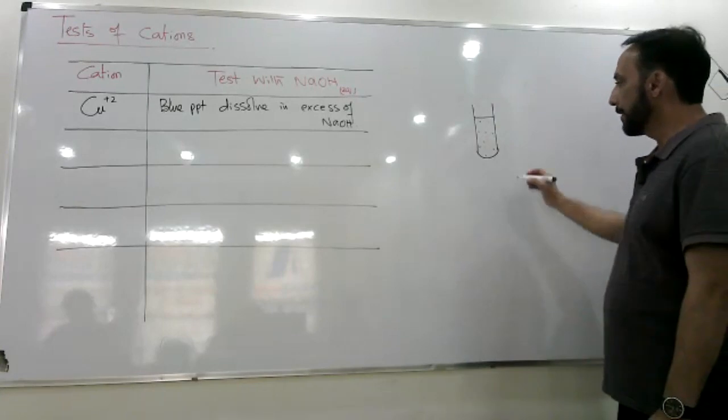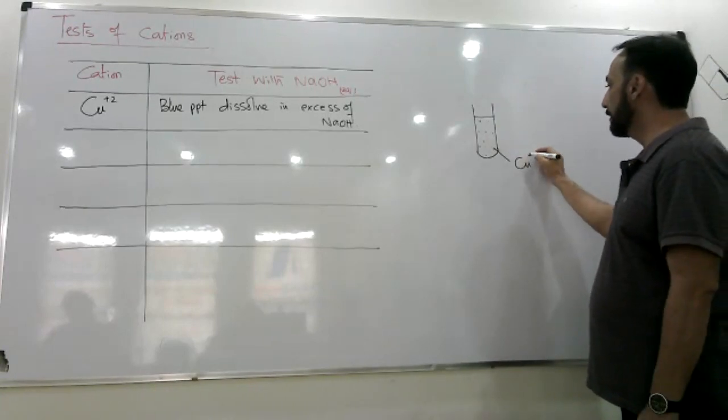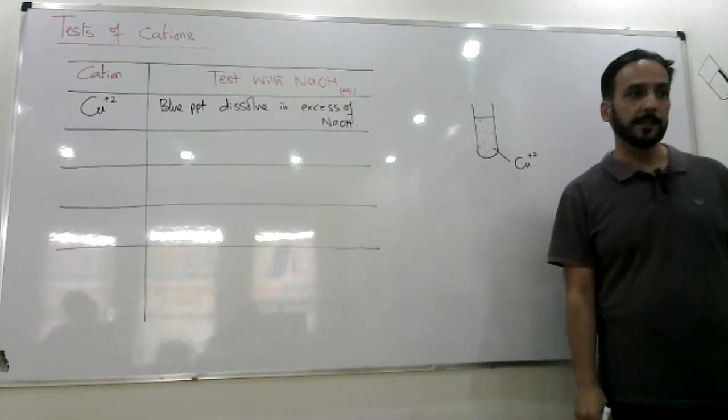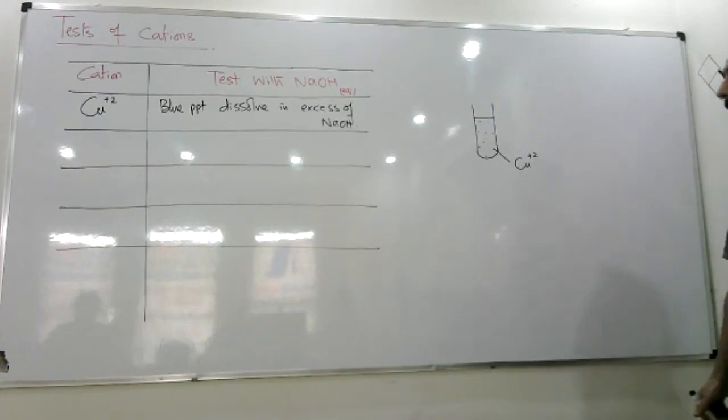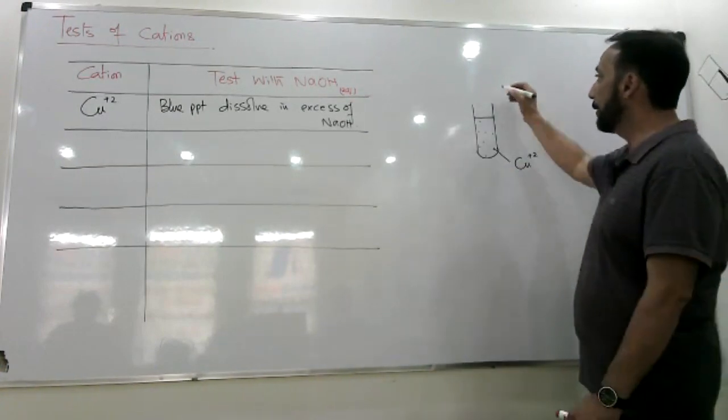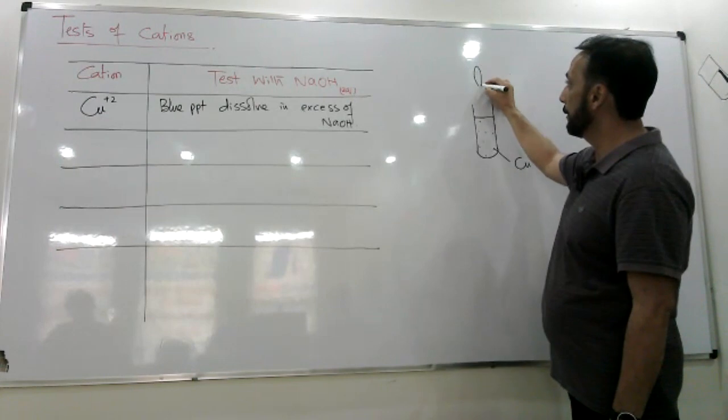So it's like if a test tube has copper ions in it and you wish to test that, okay, does it have copper ions or not, उसमें हम कुछ थोड़े से ड्रॉप्स डालते हैं NaOH के, few drops of NaOH.